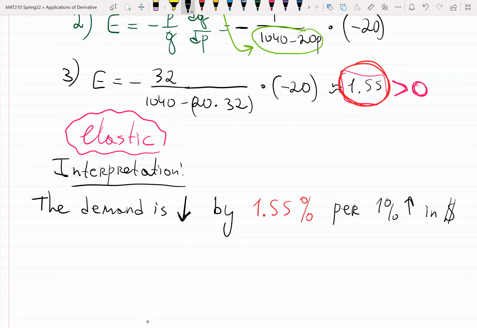So if they increase the price by 1%, people like me will buy less oranges by 1.55%. And now this expensive company, which thinks that the oranges are so precious, can decide how much it makes sense to increase the price and lose some people, but have high revenue. This is the idea. So demand will go down when the price is increased, and demand means revenue, right? Revenue.